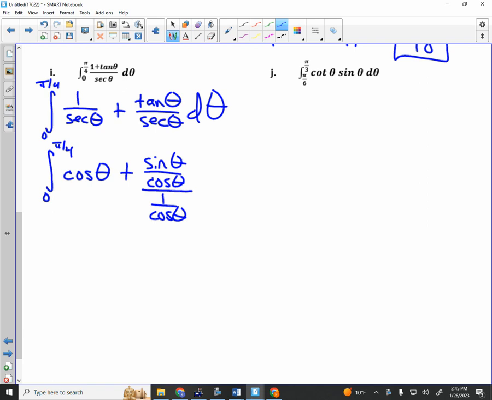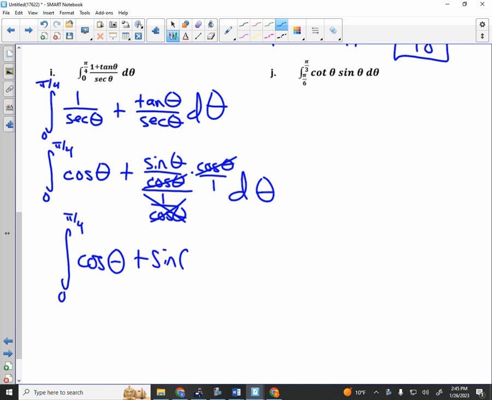The secant is 1 over cosine, and tangent is sine over cosine. Well, if I multiply by the reciprocal, notice what happens. Those cosines cancel. So I have the integral from 0 to pi over 4 of cosine of theta plus sine of theta.